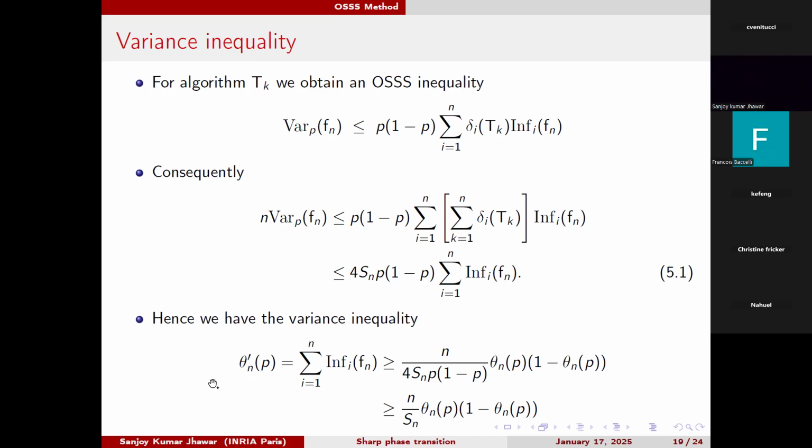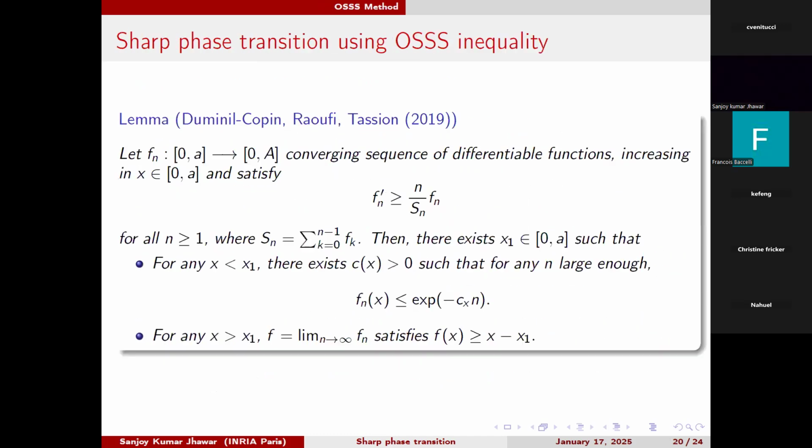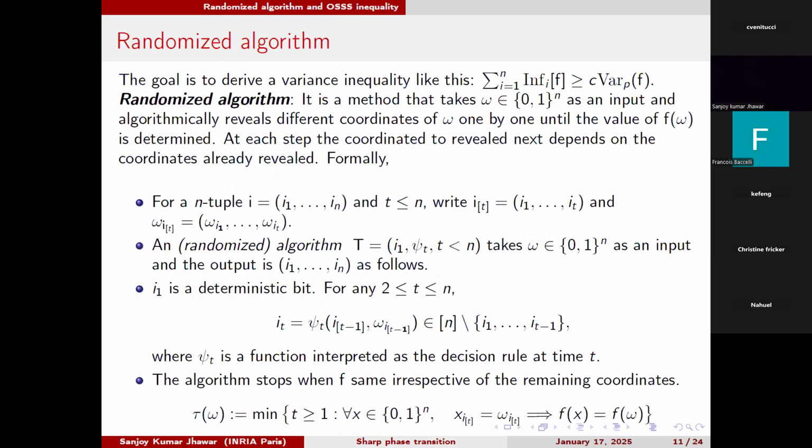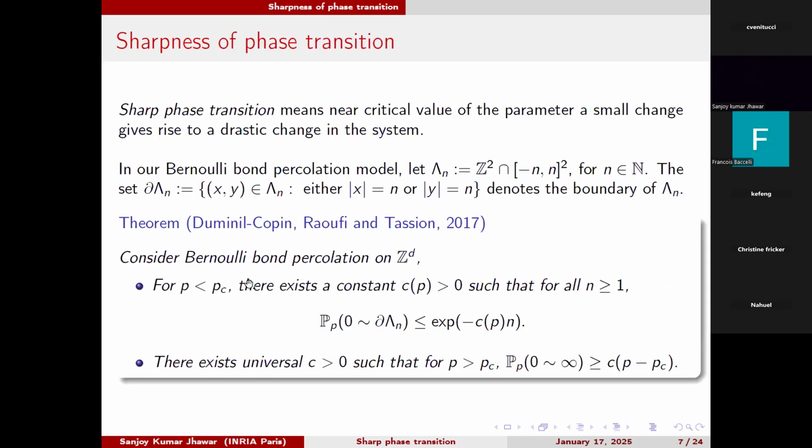So this was our result. Maybe I should go back to the original result, that theta(p) is exponentially decaying in the subcritical regime, but having an infinite path from origin to infinity has a uniform lower bound.